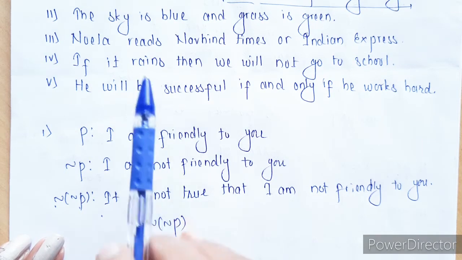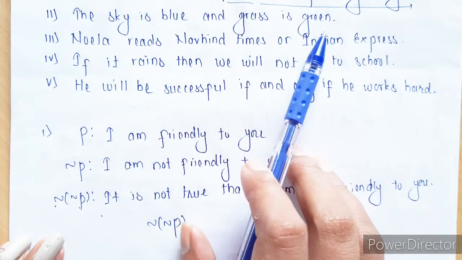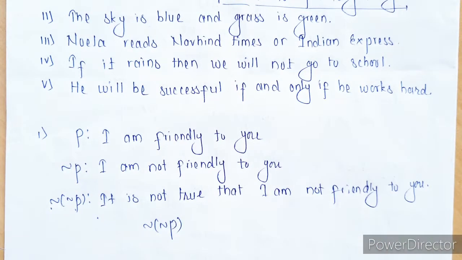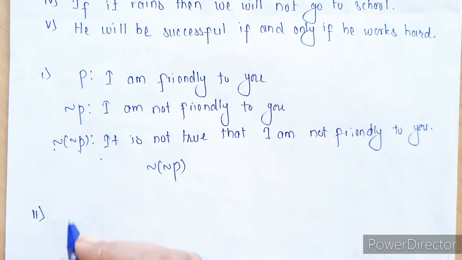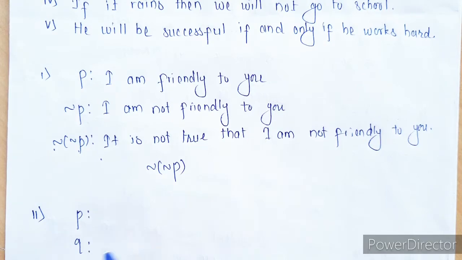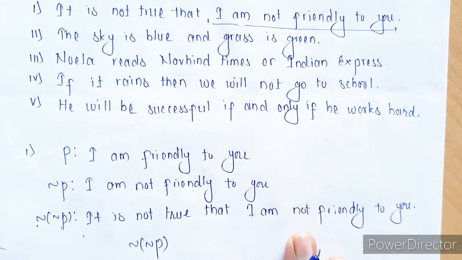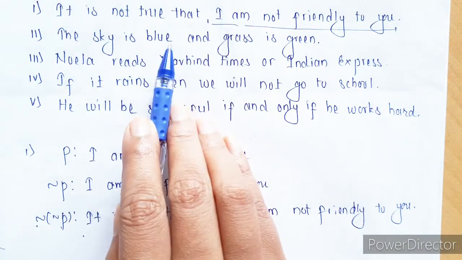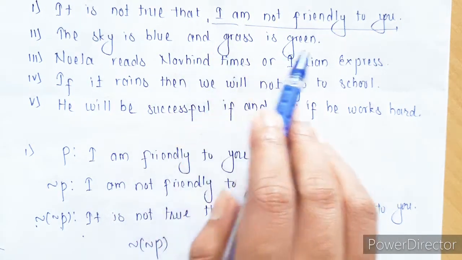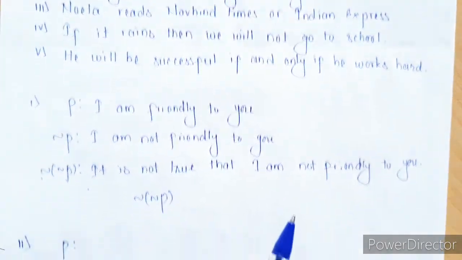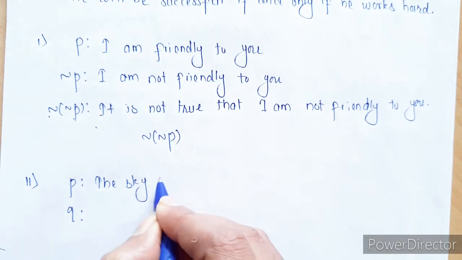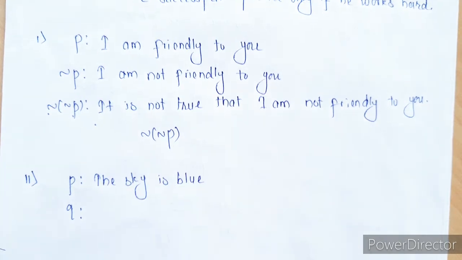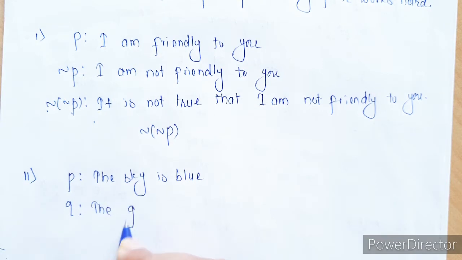The second question we have is, the sky is blue and grass is green. Here we have two different statements. So, let us write statement P and statement Q. Statement P is the sky is blue, and statement Q is the grass is green.